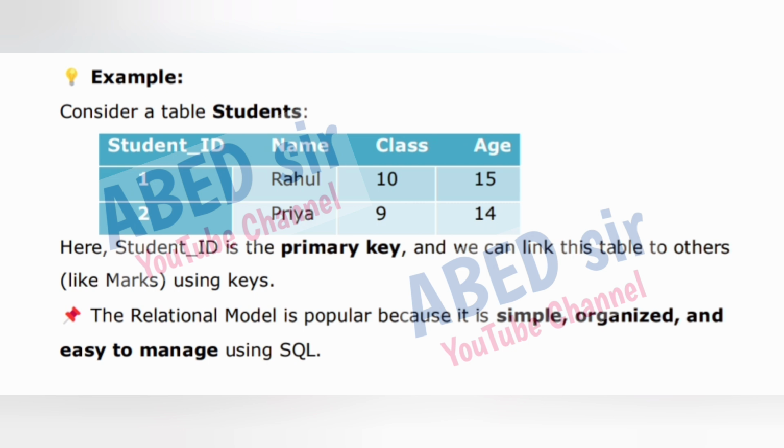Student_ID, name, class, age. 1, Rahul, 10, 15. 2, Priya, 9, 14. Here, Student_ID is the primary key, and we can link this table to others, like marks, using keys. The relational model is popular because it is simple, organized, and easy to manage using SQL.